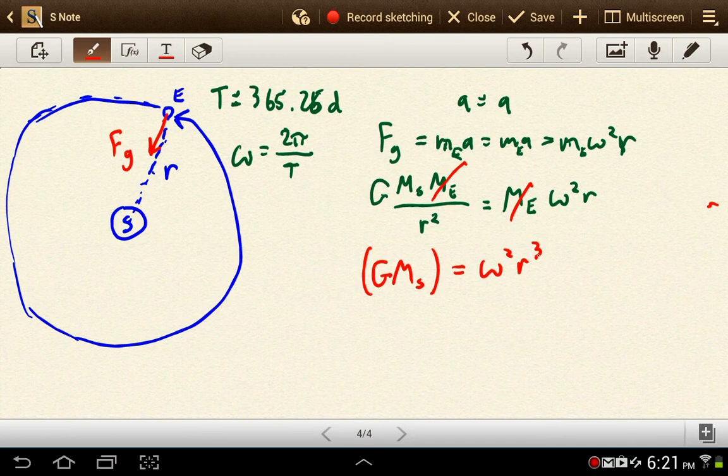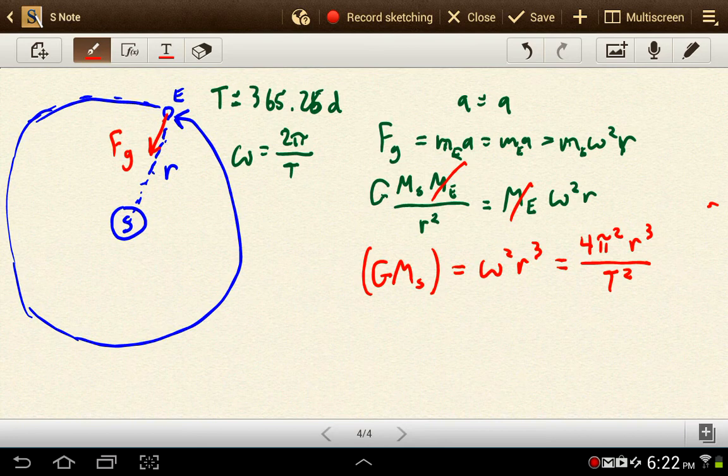Or if you want to plug in for omega, it's going to equal 4 pi squared times r cubed over T squared. And then all you have to do is plug in numbers, and that's going to be the time-consuming part. So we can just sit here while I plug in numbers.